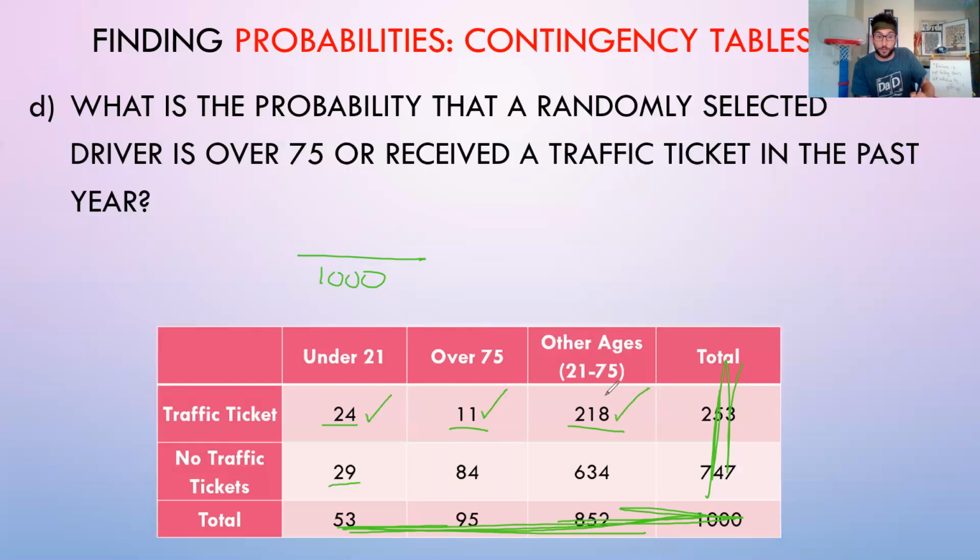Were these people over 75 or did they get a ticket? No, they don't fall in either group. These people, yes, they're over 75. And then these people, no, they're not over 75, nor did they receive a ticket. So another way to approach this would be to ignore the totals and go through each cell on the table and think, do they satisfy over 75 or got a ticket?